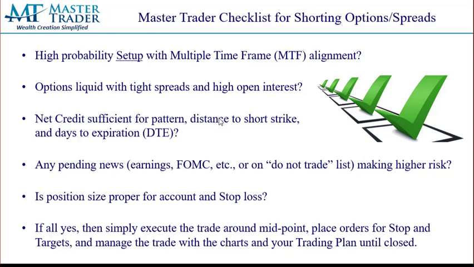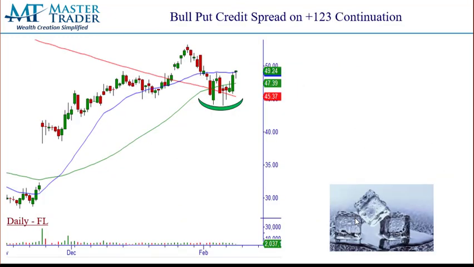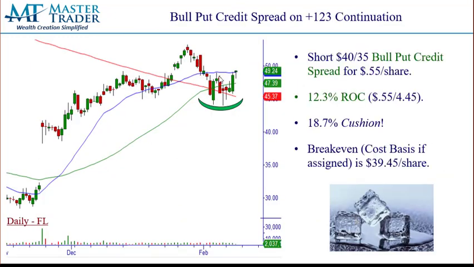We obviously teach that in our seminars, and I'll give you many examples. Is there any pending news that's going to make that particular short put higher risk for a gap against you? Calculate proper position size for your account and trading plan, and then you just execute it at midpoint and manage in between. So here's an example.